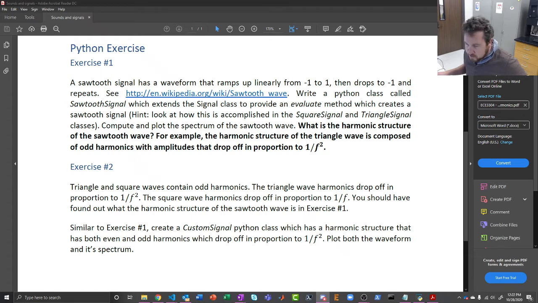We're going to call it harmonic structure for now. I don't think I've ever heard the term spectrum structure. So the musical folks have sort of co-opted the term harmonic, but it's used in other fields as well. It's not limited to just music.